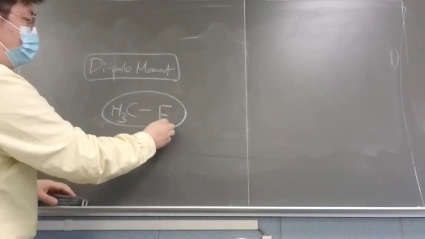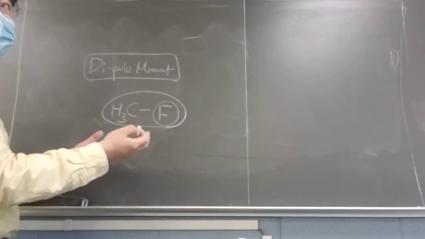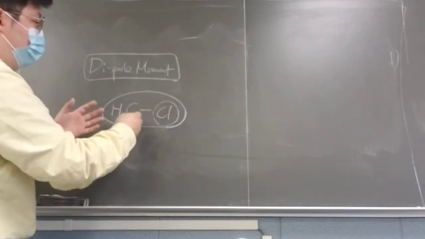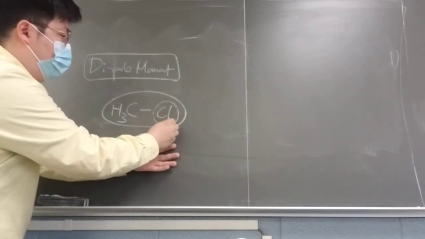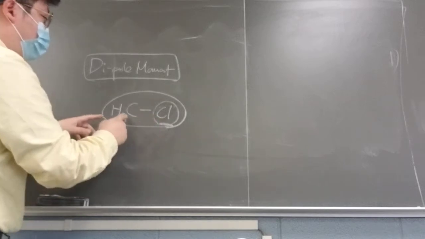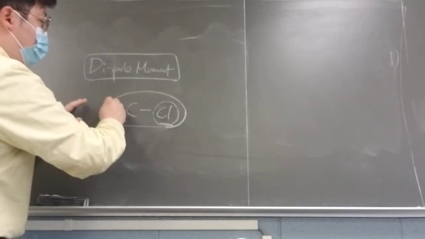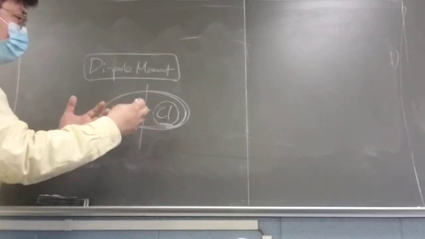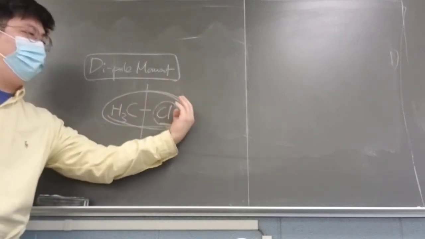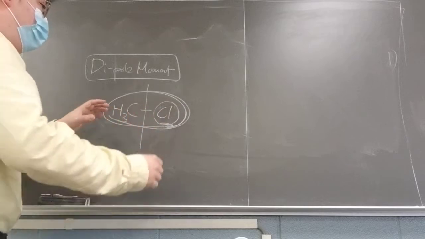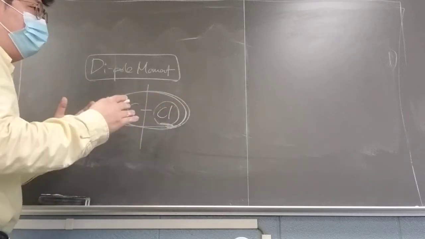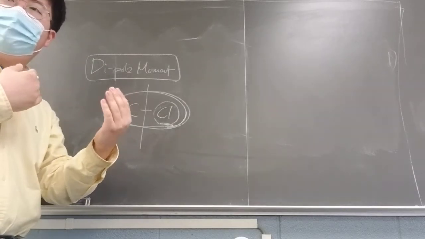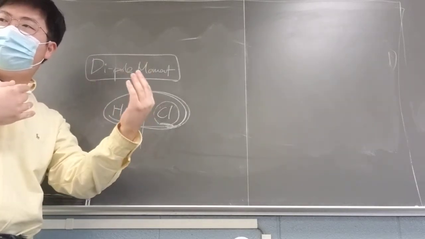In this case, the fluorine is obviously more electronegative, I can switch to chlorine or fluorine, doesn't matter, than the carbon here. Meaning, I hope you guys remember this one, the electron density by chance will be more on this side, right? So they're not having a clear separation of the numbers of electrons, meaning formal charge, okay?